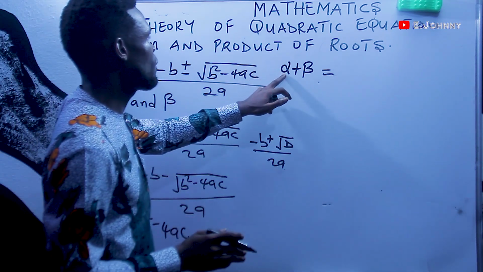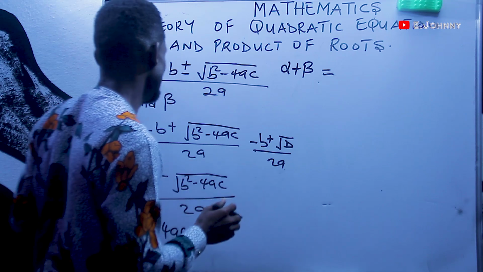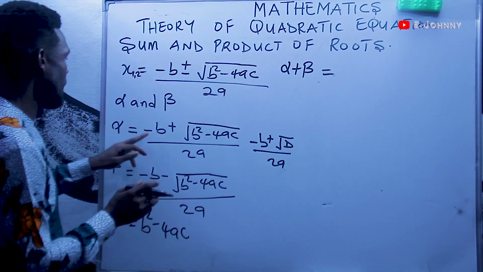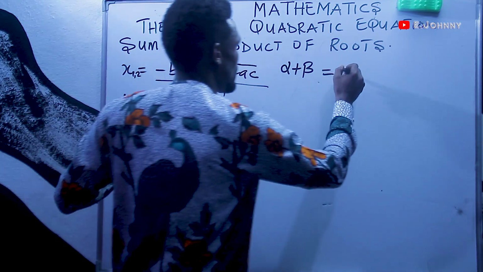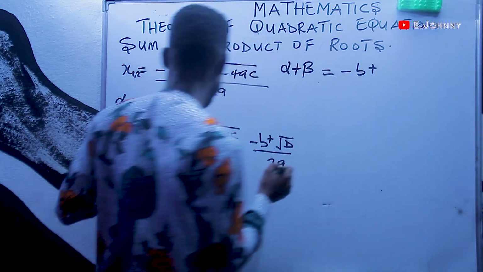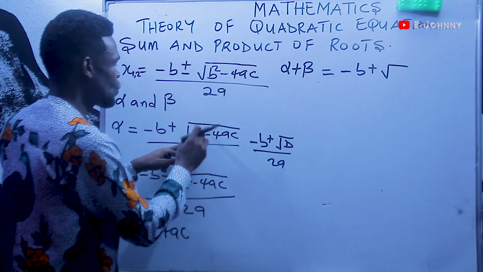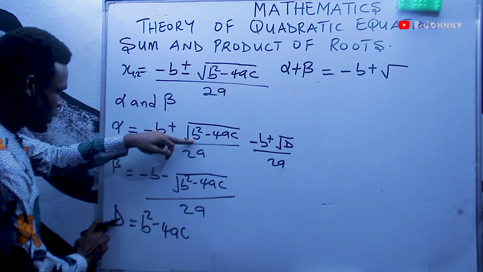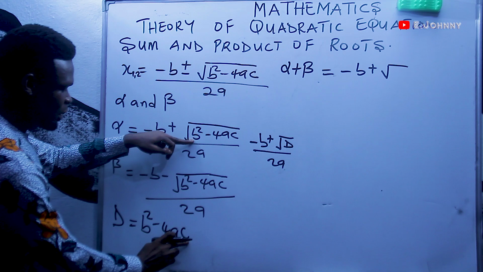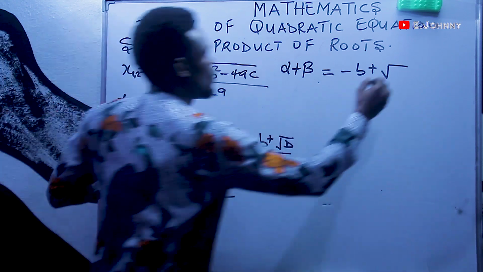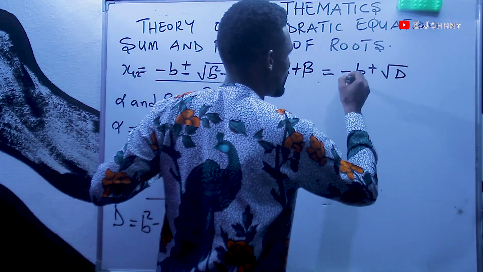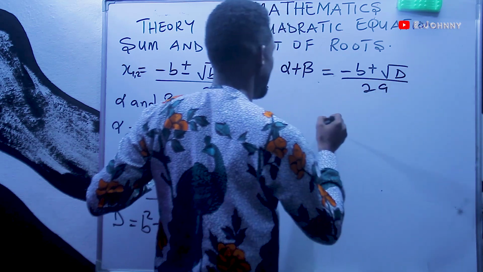So that means alpha plus beta will be equal to, let's sum, what is alpha? Minus b plus root D. Remember that b squared minus 4ac is denoted by D. So I will put D here, which is the discriminant, divided by 2a.